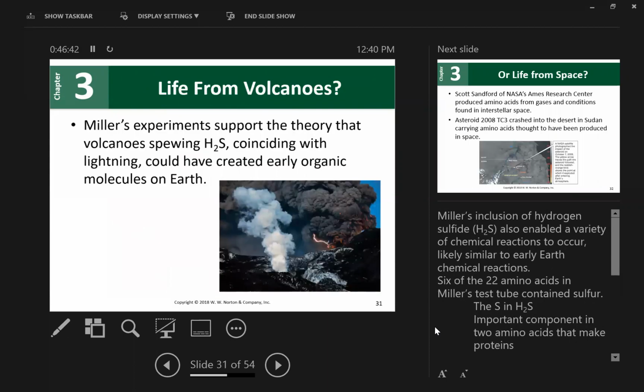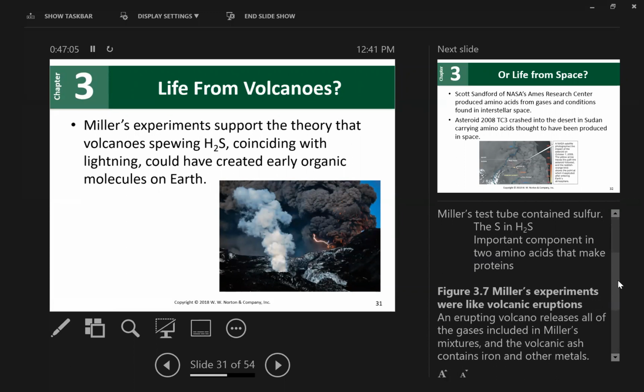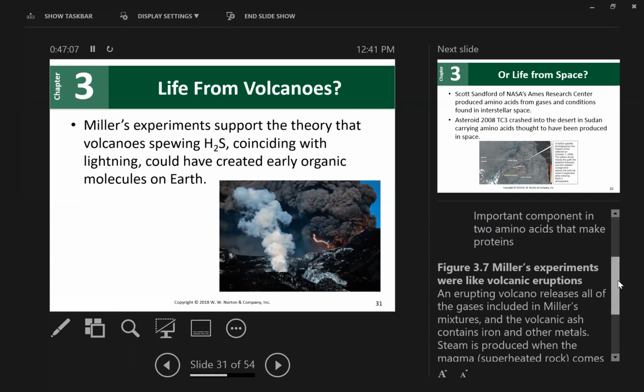So, light from volcanoes. Miller's inclusion of hydrogen sulfide also enabled a variety of chemical reactions to occur, likely similar to early Earth's chemical reactions. 6 of the 22 amino acids in Miller's test tube contained sulfur. Sulfur is that rotten egg smell when you go past something that's decomposing, such as a marsh.